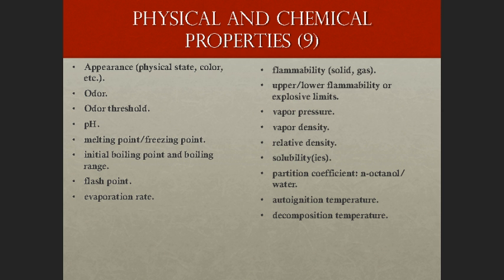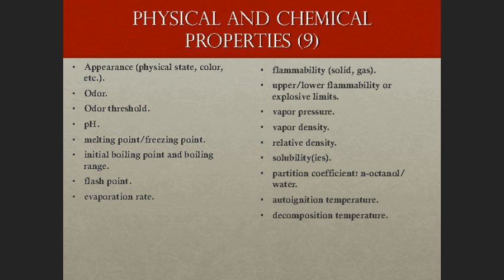Section 9 is going to outline the chemical's physical and chemical properties. And the reason this information is very valuable is we look at it all the time. So if we see something and the pH is 2.1, we know that that is a strong acid, and we can address that appropriately.